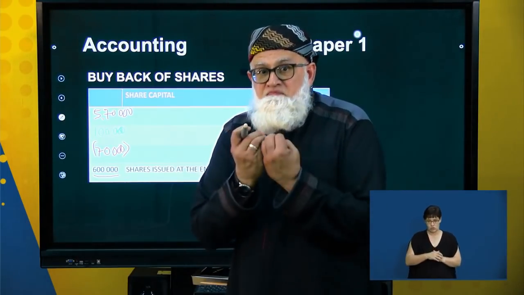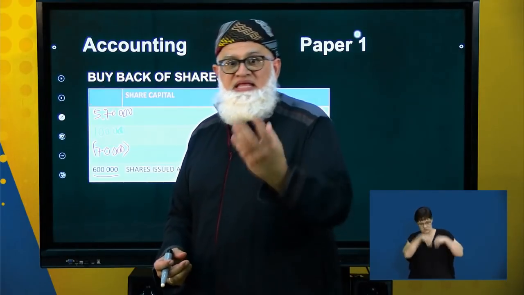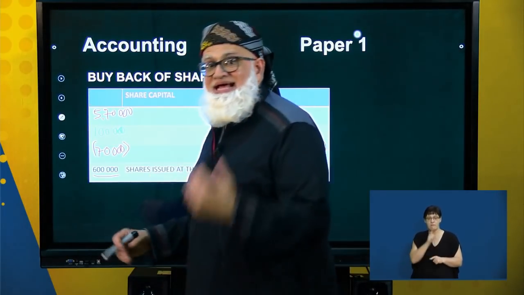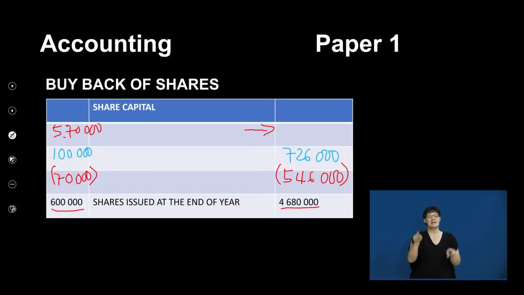What information do you have to work from? In other words, if you have the closing balance, then certainly you've got to work upwards. Like you've just seen, we've worked back from the closing balance to the opening balance, right?